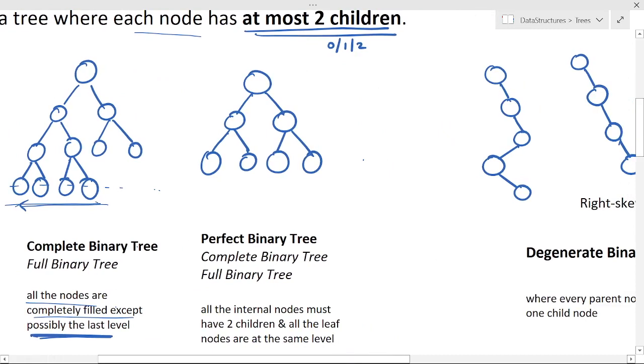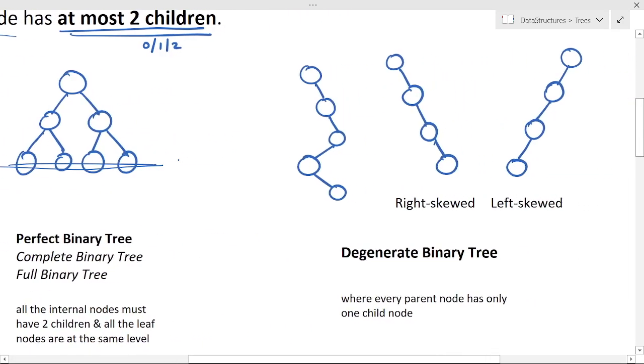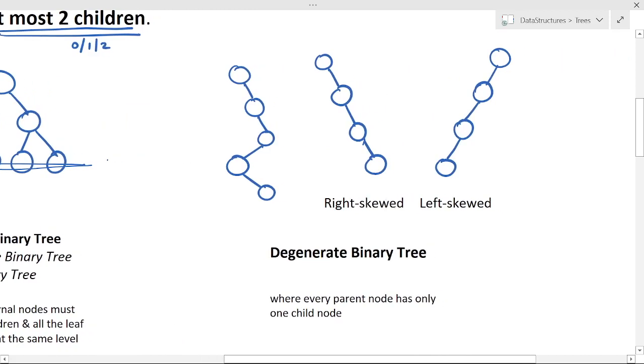And this is an example of a perfect binary tree where all the internal nodes have exactly 2 child nodes and all the leaves are on the same level. And this is another type, which is a degenerate binary tree, where every internal node has exactly one child.